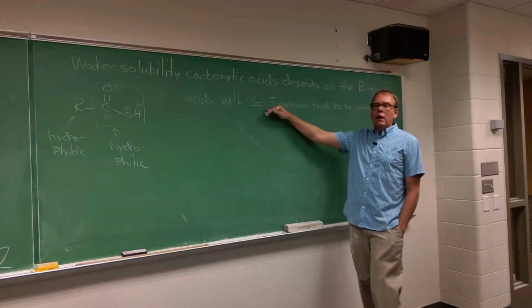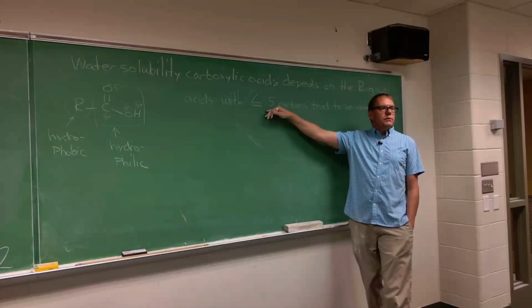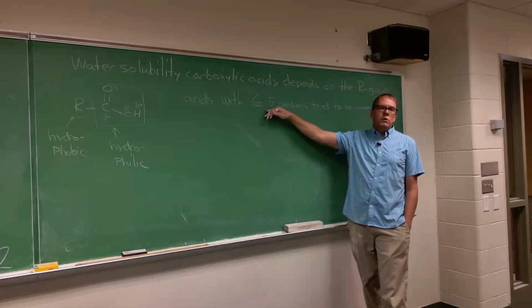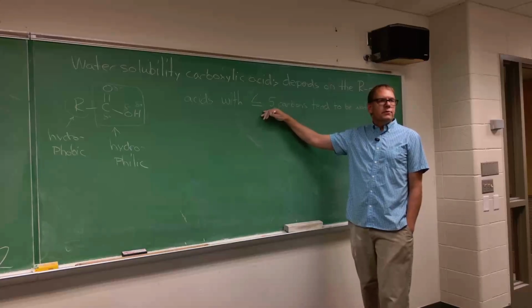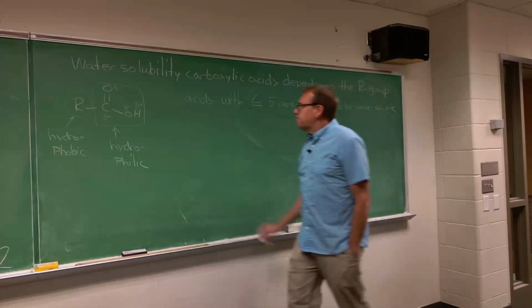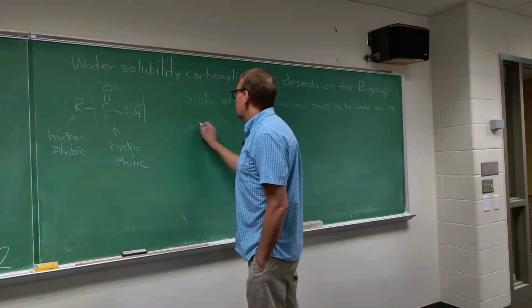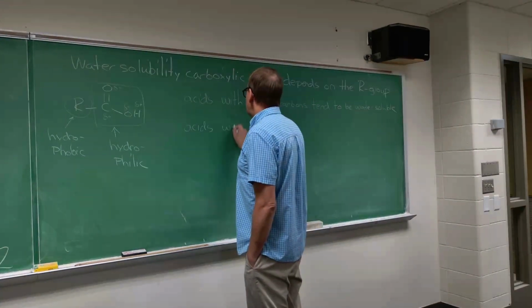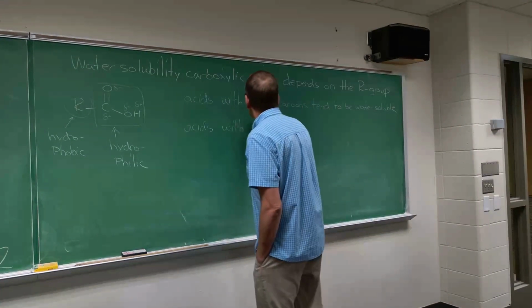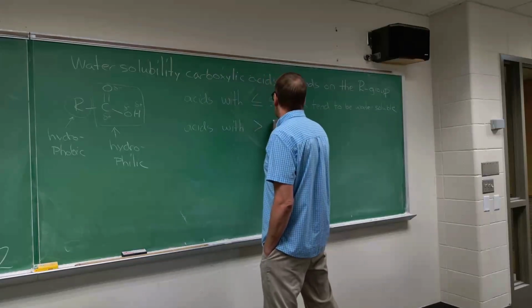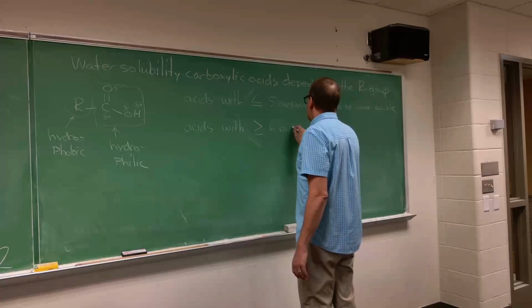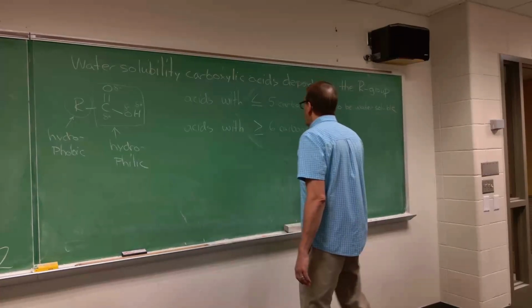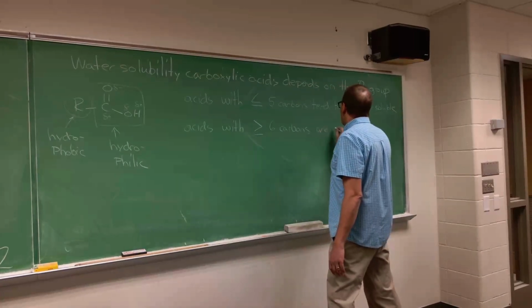The smaller they are, the more soluble they are. So a C5 acid might be water soluble, but it's less water soluble than the C4 acid, and C4 is less water soluble than C3, and so forth. And then when you get to greater than or equal to 6 carbons, they are water insoluble.